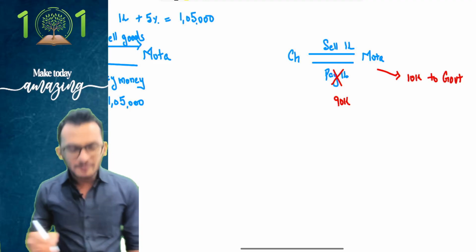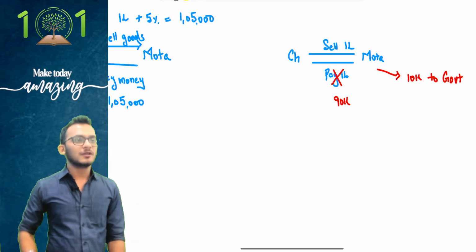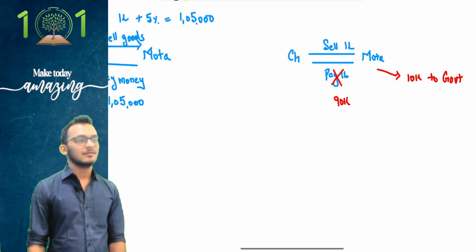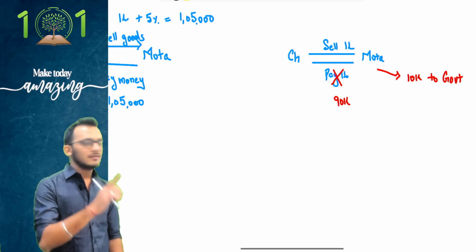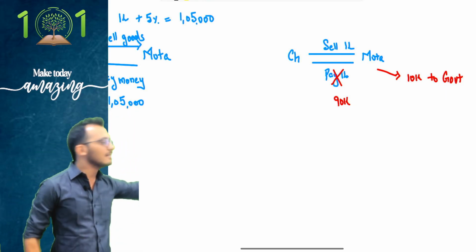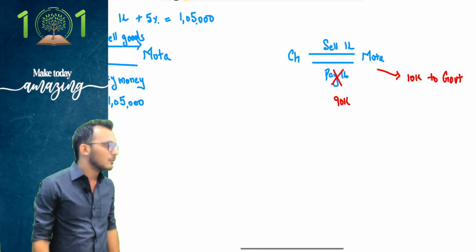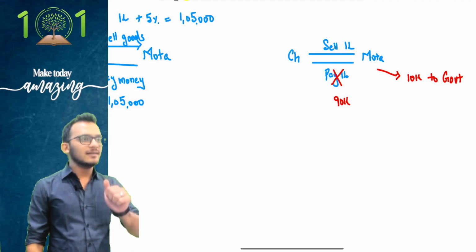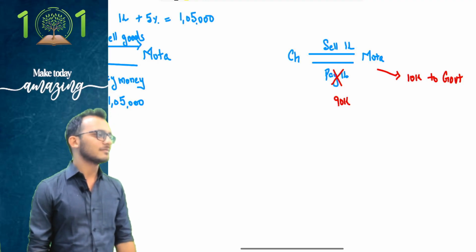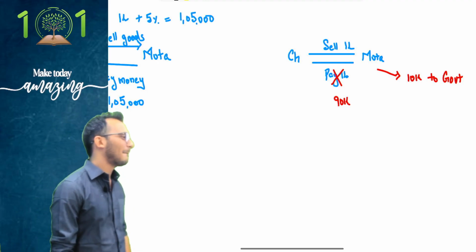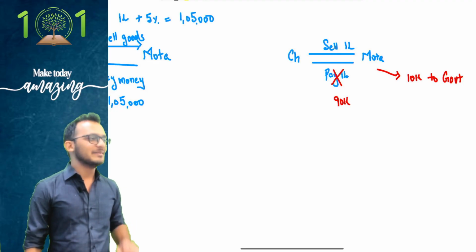बहुत ही बढ़िया. Tell me people, TDS which is paid by Mota, direct tax, indirect tax? Direct tax, direct tax. Tell me people, this 10,000 rupees which Mota paid was to be paid by Chota, but was paid by Mota. So how the hell is it direct tax? हाँ कि ना?